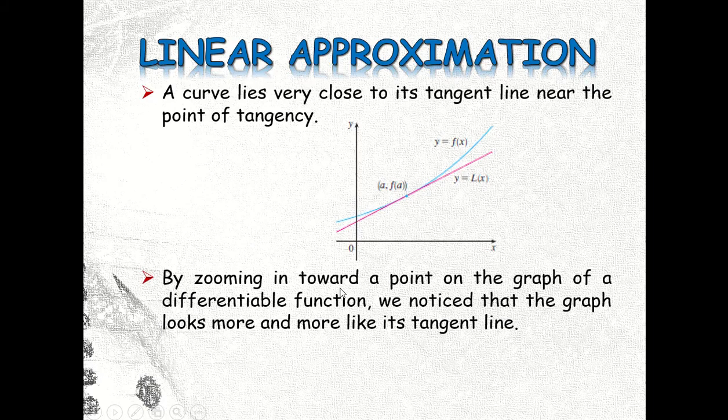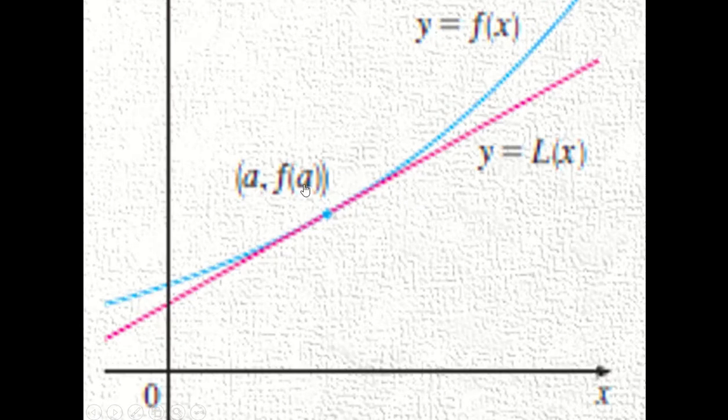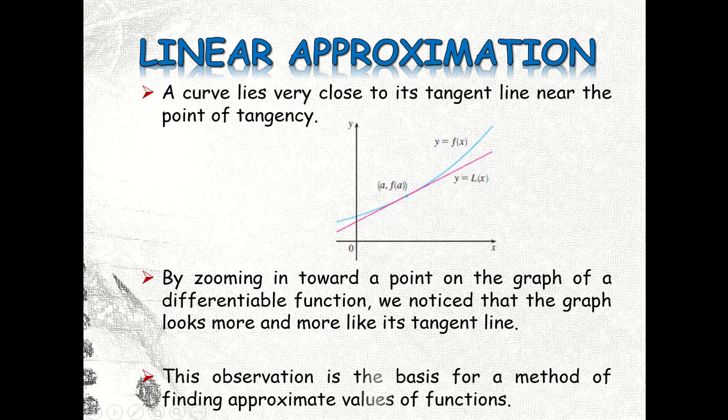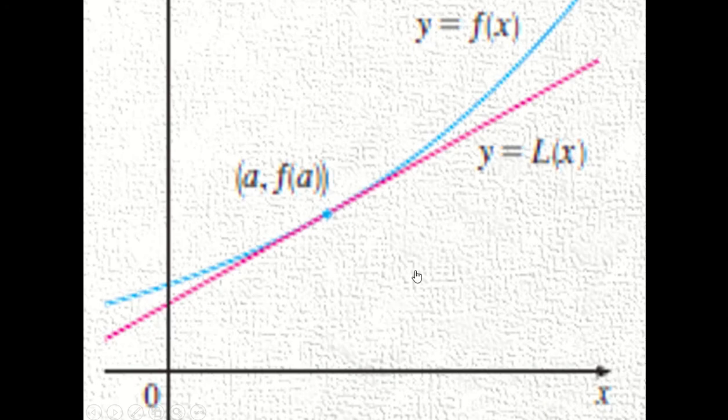So by zooming in toward a point on the graph of a differentiable function, we notice that the graph looks more and more like its tangent line, as you have seen, especially on this part here, class. This observation is the basis for a method of finding approximate values of a function.